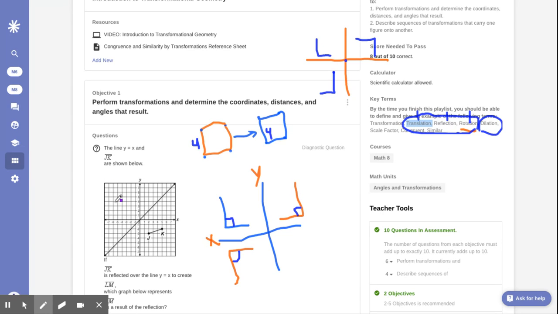A dilation is, let's say I had a line, okay, we'll do the L shape right here. And I was going to dilate it. Actually, we'll go ahead and do a rectangle. And I was going to dilate it about the origin on a scale factor of 2.